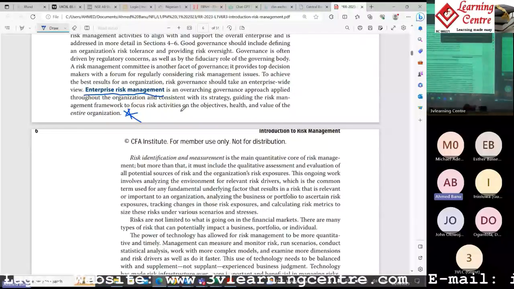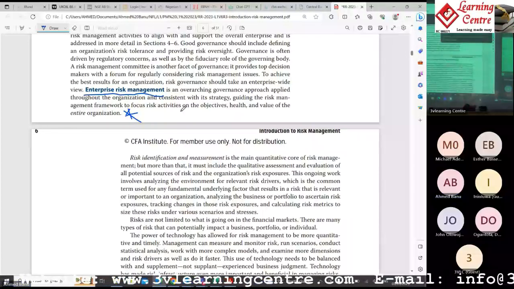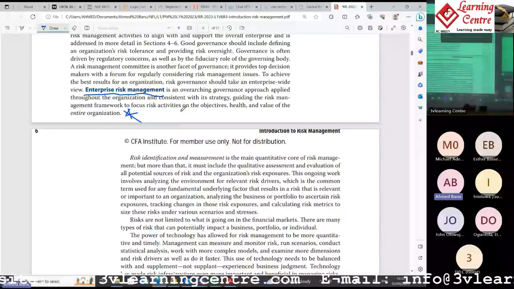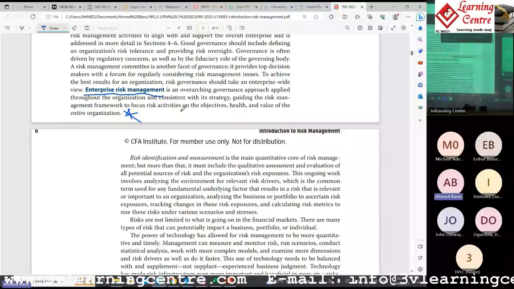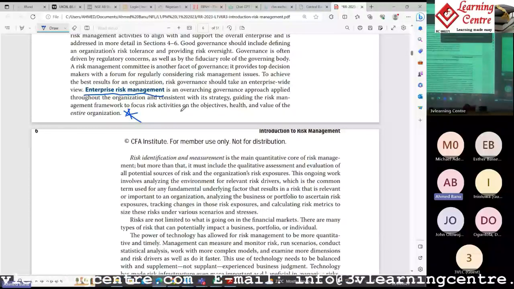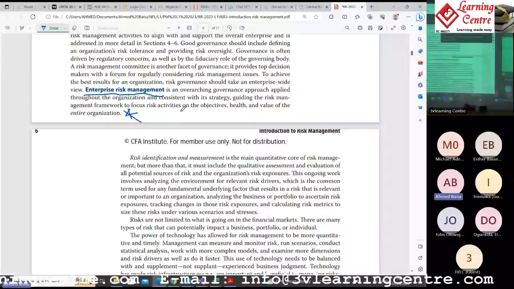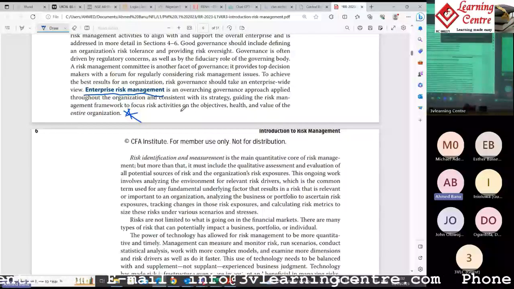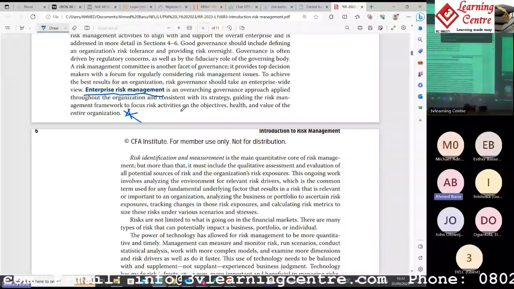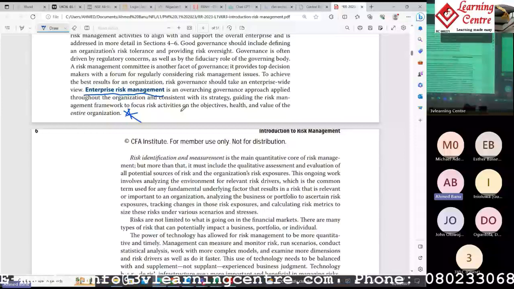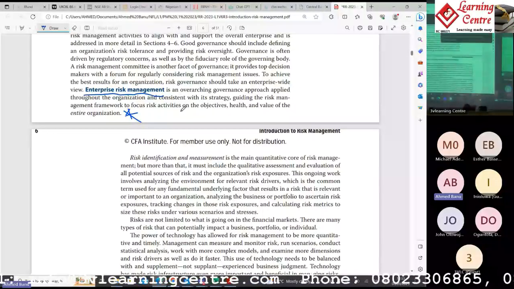Now, what we have realized over the years is that when some organizations are tackling risk, they tackle risk on a case-by-case basis, a department-by-department basis. And what we are saying is, no, that's not right. You need to have a holistic view. That's what enterprise risk management is.